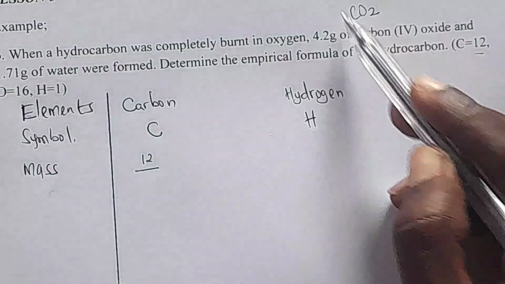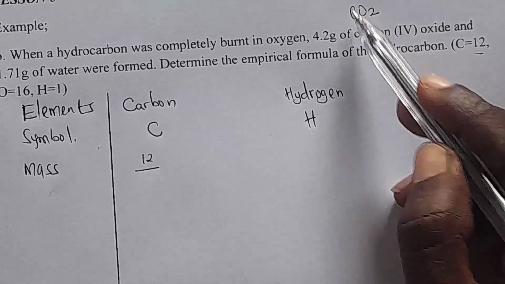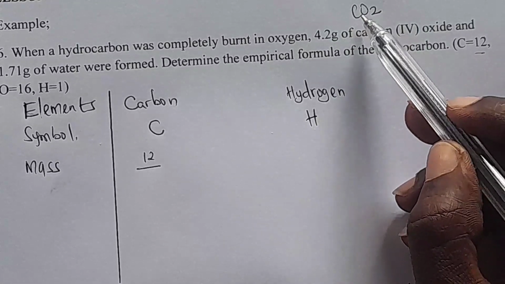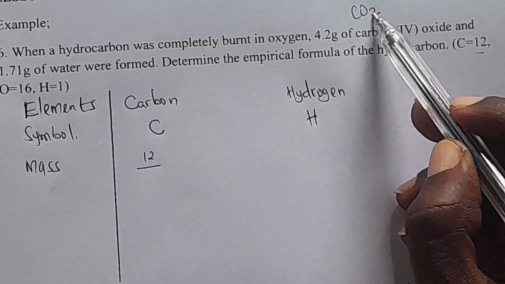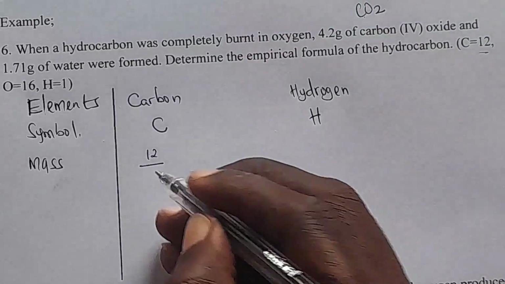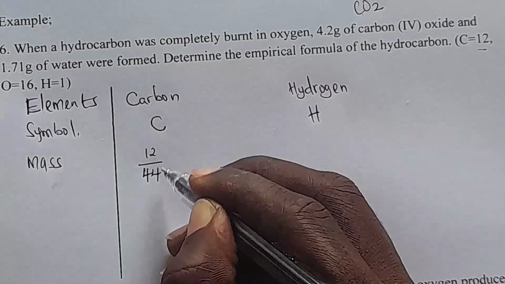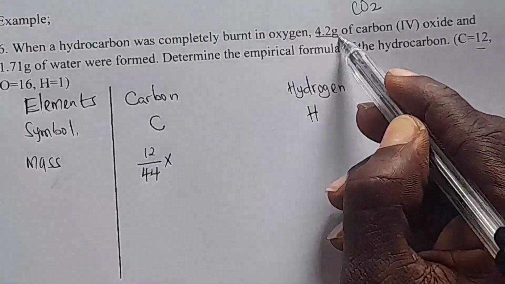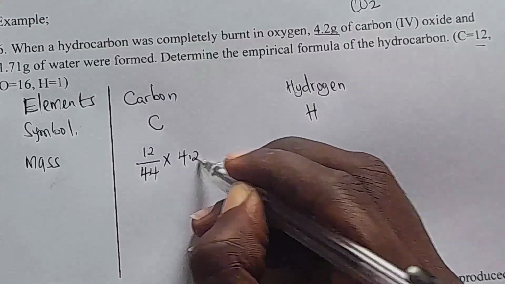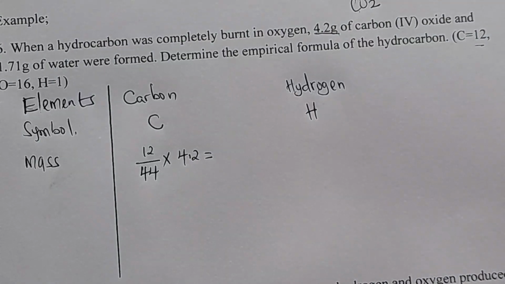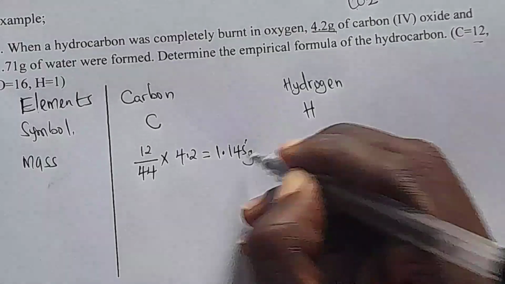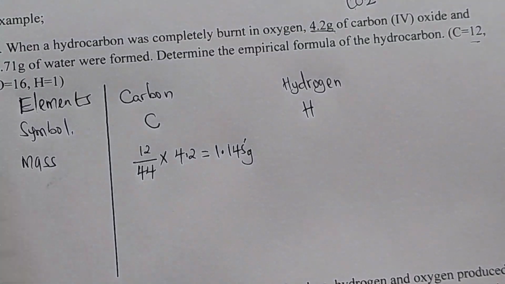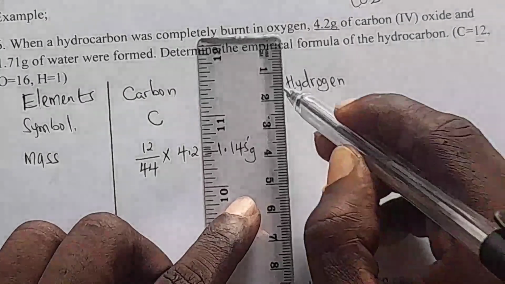That means the RFM, the relative formula mass, of carbon dioxide: carbon is 12, plus 16 of oxygen times 2, that's 32. So 12 plus 32 gives 44. So it will be 12 over 44 times the mass of carbon dioxide given, which is 4.2. The mass of carbon that I am going to get will be 1.145 grams.